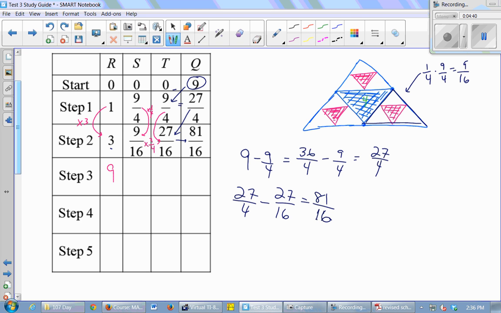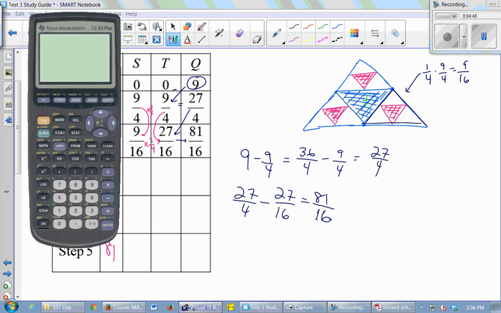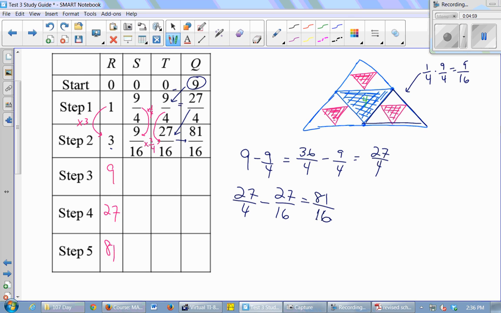Okay, so I can at least fill in R, S, and T that way. So this is going to be 9, 27. 27 times 3 is, I think, 81. Yep, 81. Okay, and then 9/16 times 1/4.